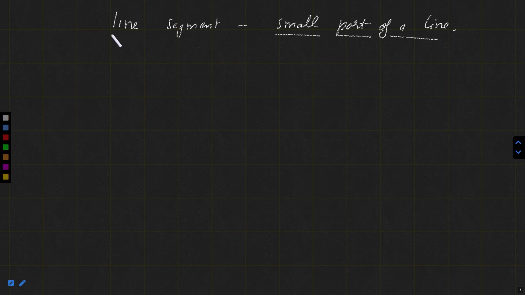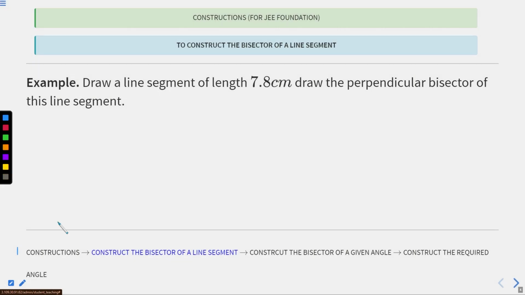So we call it a line segment. Now let's see how we draw a line segment of length 7.8 centimeter, where our main focus is to draw the perpendicular bisector.